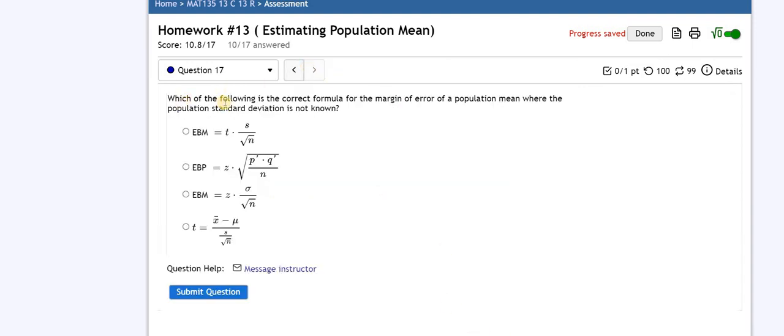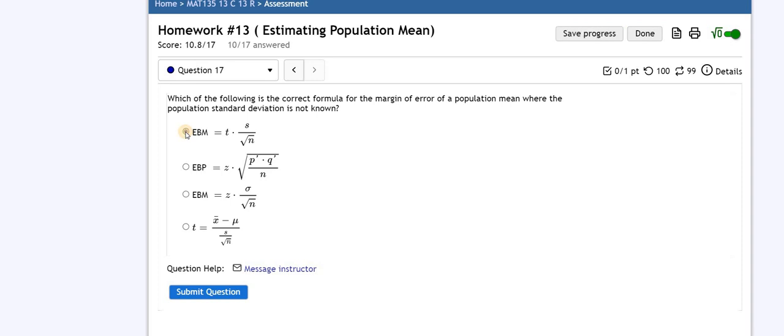The next question: which of the following is the correct formula for the margin of error of a population mean where the population standard deviation is not known? When the standard deviation is not known, we're going to use the sample standard deviation, and we use the t values to estimate the margin of error.